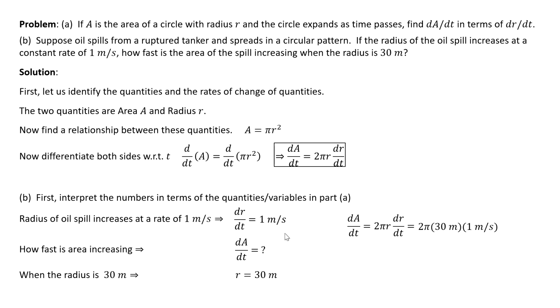I think it's a good idea to keep writing the units. So we have 2 pi times 30 is 60 pi, 60 pi times 1 is 60 pi. But the units would be meter times meter per second, which makes it meter squared per second. So we have 60 pi meters squared per second. Cool. That's all there is to it.